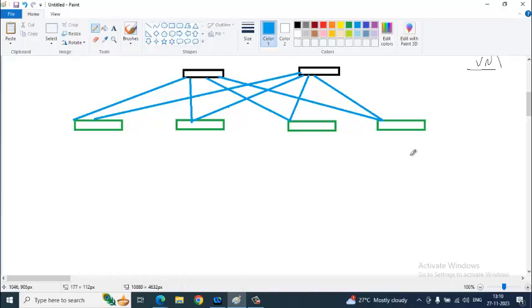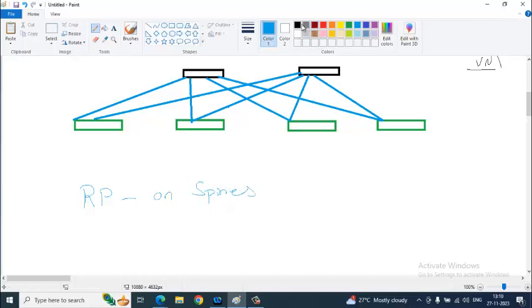So for synchronization, you can use MSDP. So I repeat, you need RP. Rendezvous points are configured on spines.